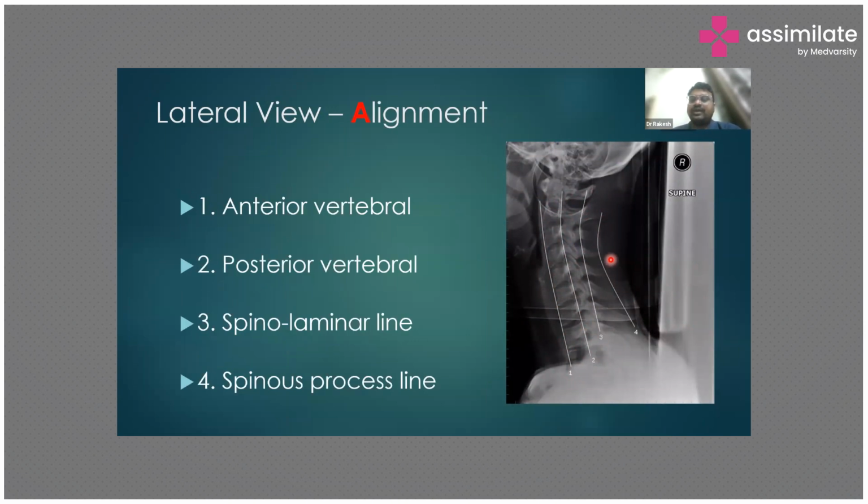These 4 lines should form a smooth curve. They are not strictly straight lines, but they are fairly continuous, smoothly curved lines. So this will tell you the alignment. If all 4 lines are smooth, freely flowing, continuous and uninterrupted, then the alignment is good.